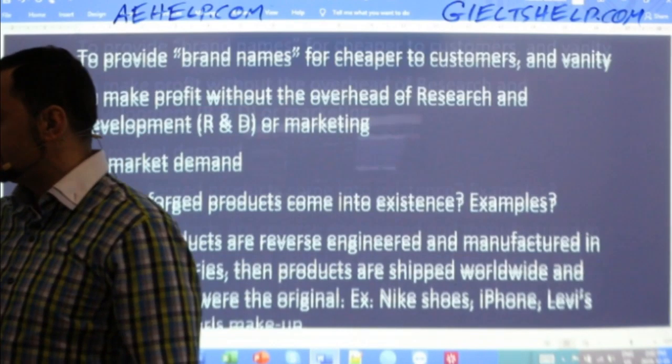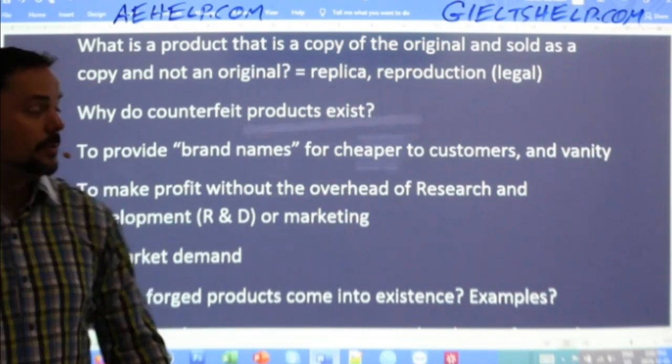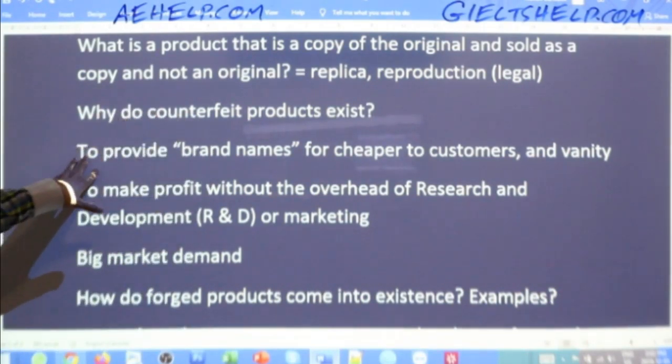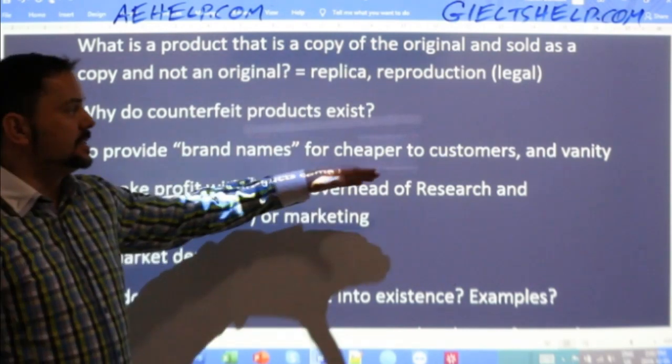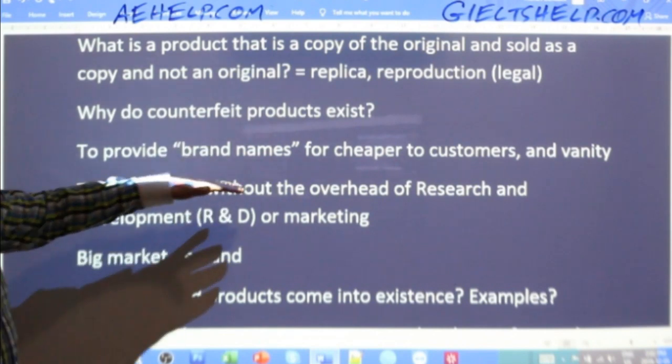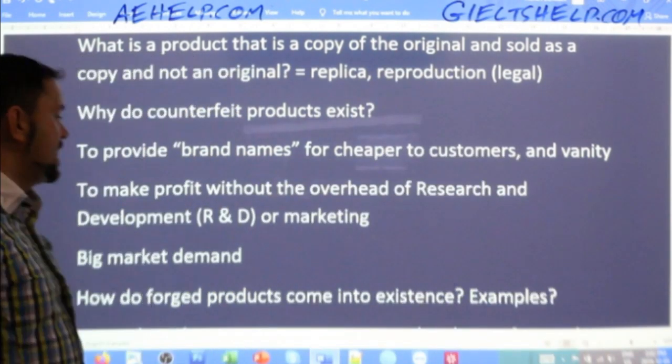Okay, so the reasons for these counterfeit products, we already identified that when we thought about the why for the topic, right? So it's easy to sell to customers at a cheaper price. Customers can still get the same vanity.